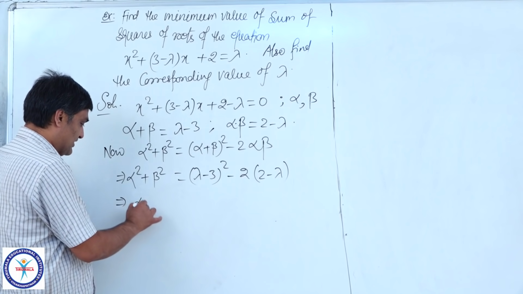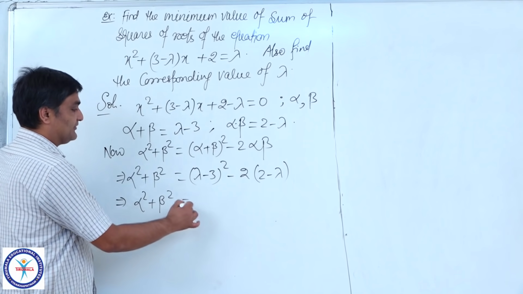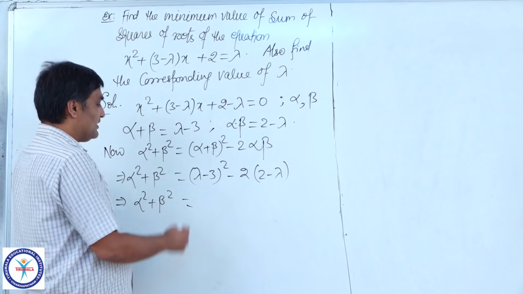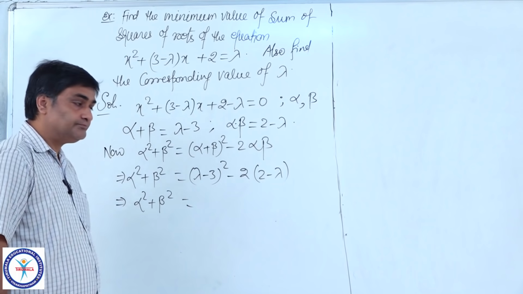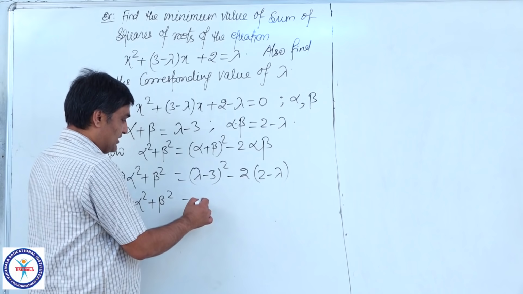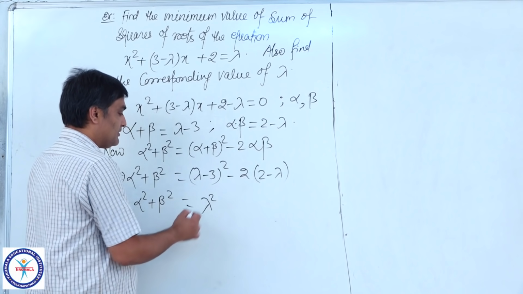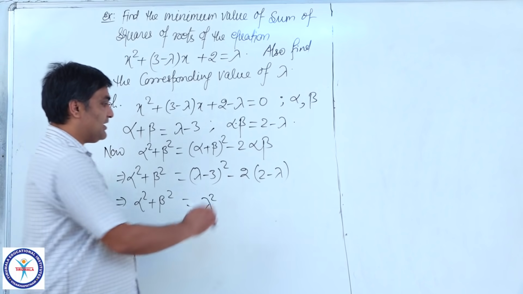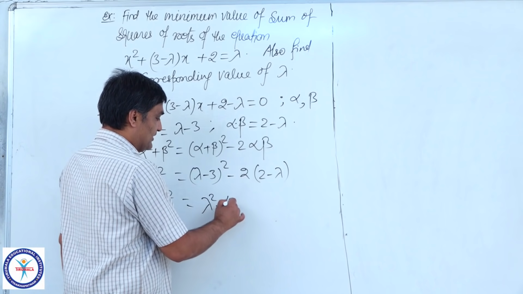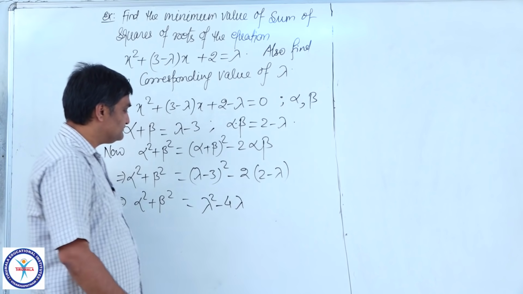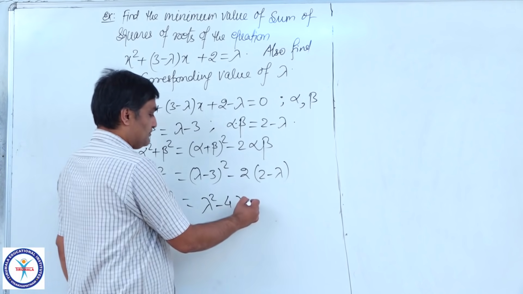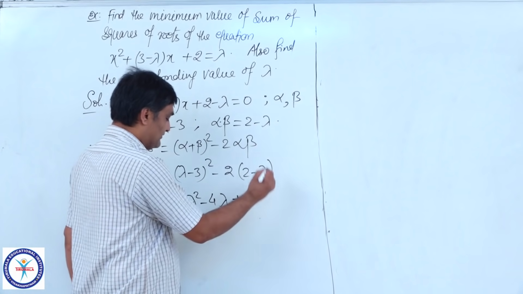This implies alpha square plus beta square is lambda square minus 6 lambda plus 2 lambda minus 4, plus 9, that is lambda square minus 4 lambda plus 5.